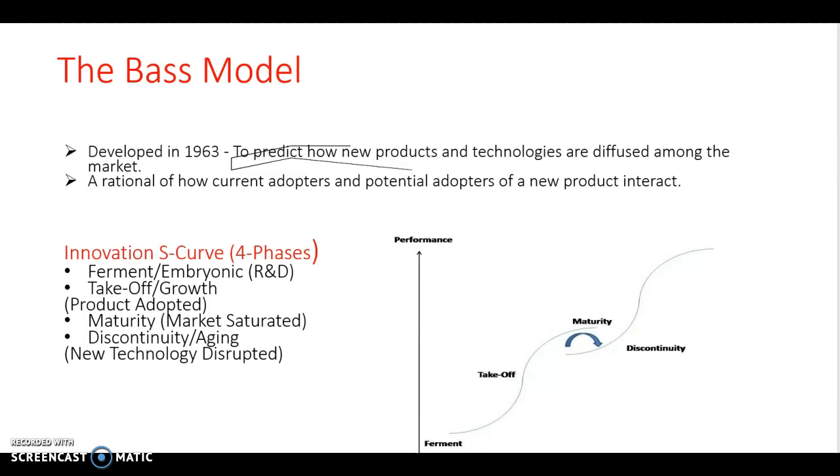And then the maturity stage, when the market gets saturated because the technology is widely used. The product gets to a point where it's either discontinued or aging because of market saturation, or because a new technology has disrupted that product.